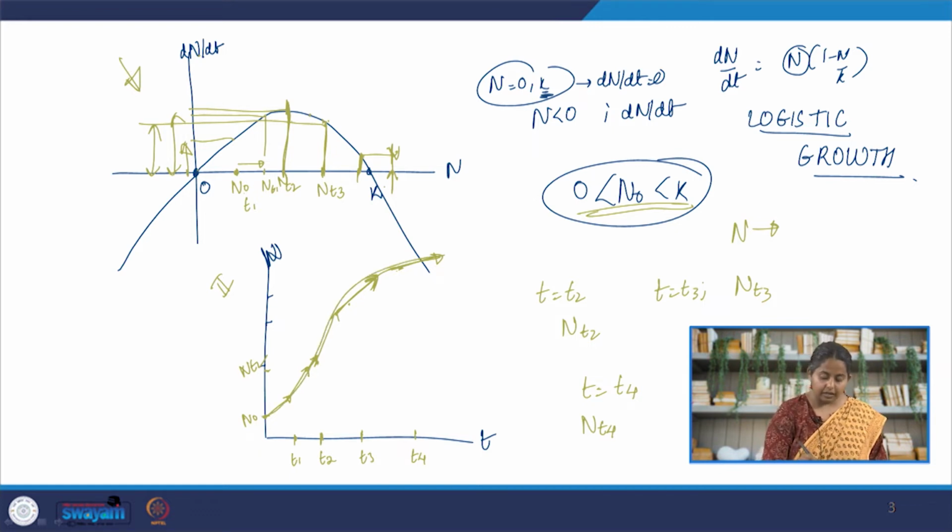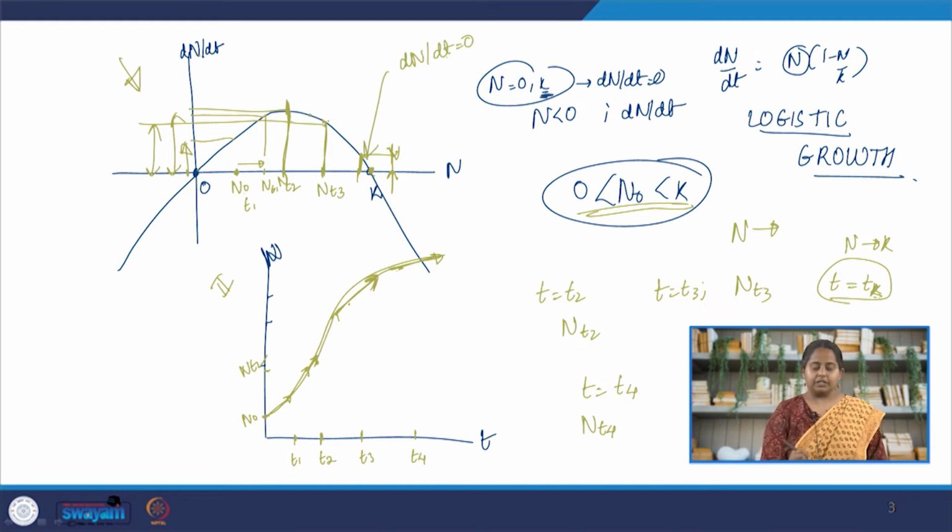As the time increases, let us say we reach time t equal to tk, and I have very strategically written the alphabet k here, because this is when n tends to k, when n reaches k. When n reaches k, what is dn by dt? You are right, dn by dt here is 0.